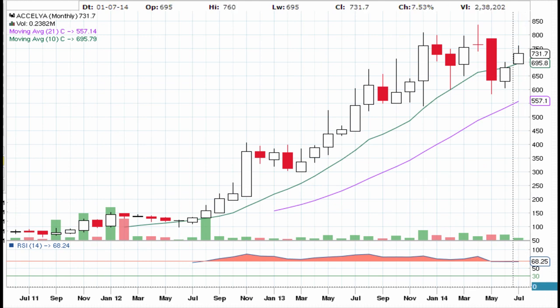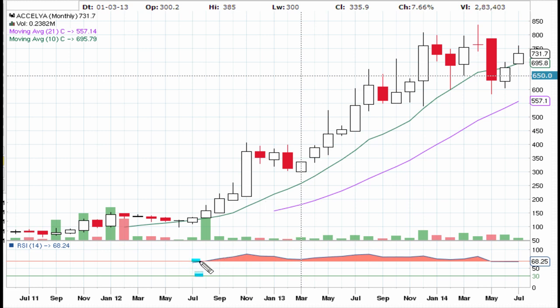So the other stock we are looking at in this example is, that's the name of the stock right there. And so let's go to the chart. What I want to show you here is what happens when you see the RSI move above 69.10, and especially if it stays above 69.10.